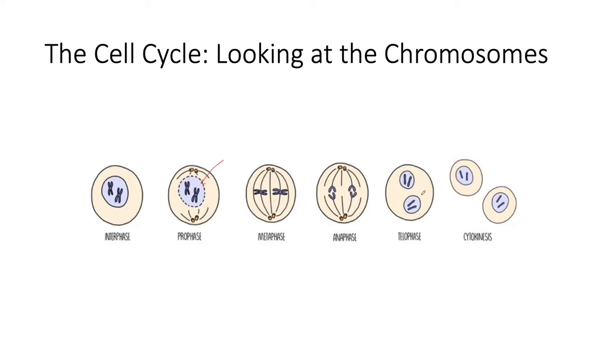You can see that right here there's a nucleus forming, or two nuclei that are forming in telophase. But the next phase, metaphase, there's no nuclear membrane. It's completely gone, and those spindle fibers have formed.